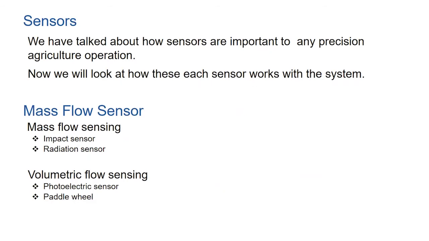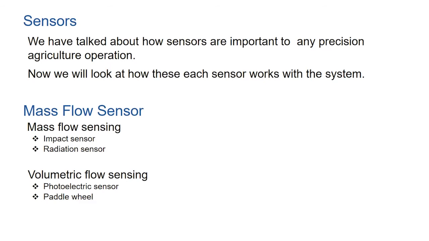Radiation is when you have one radiation emitter and one detector, and when the material moves and crosses this radiation beam, based on the cutting of the radiation, you get information about the mass or mass per time.